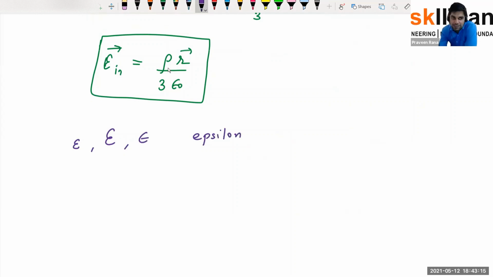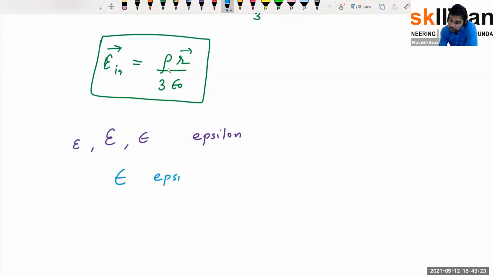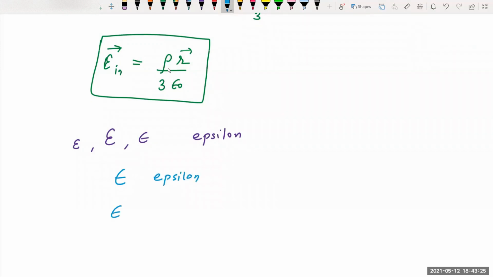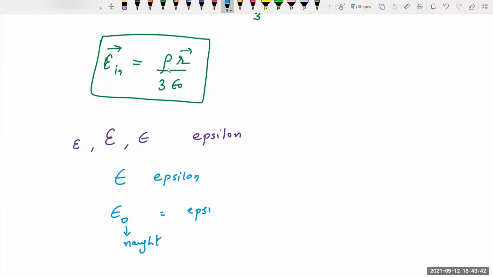Now this symbol here, like a C with a bar in between, is called epsilon. And then there is this symbol, which is called naught, N-A-U-G-H-T, not the other not. So this is called epsilon naught.